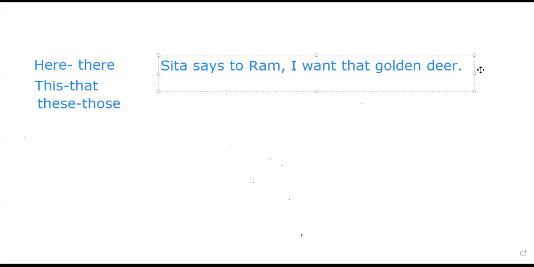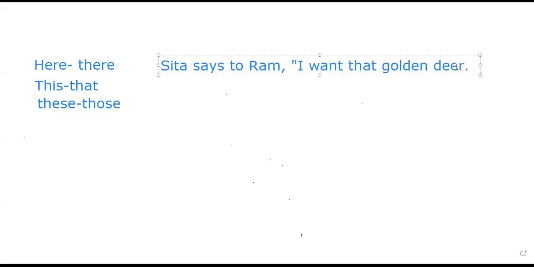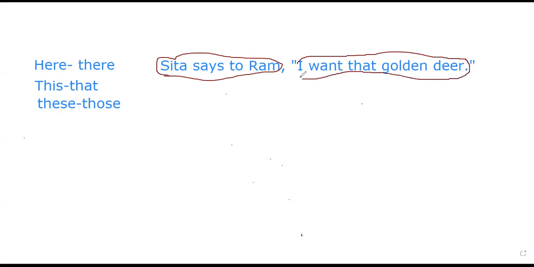Now, Sita says to Ram, this part is reporting speech. It is in present tense. Okay, so the tense of reported speech is also present. I want that golden deer.